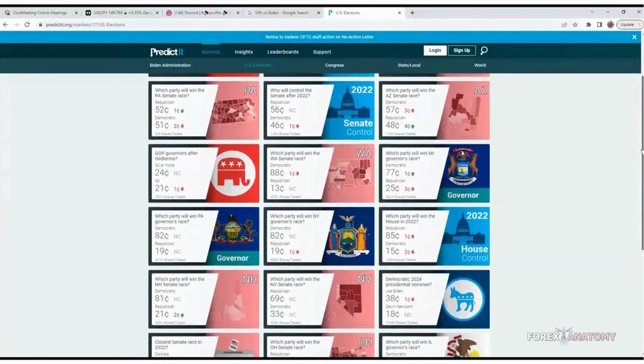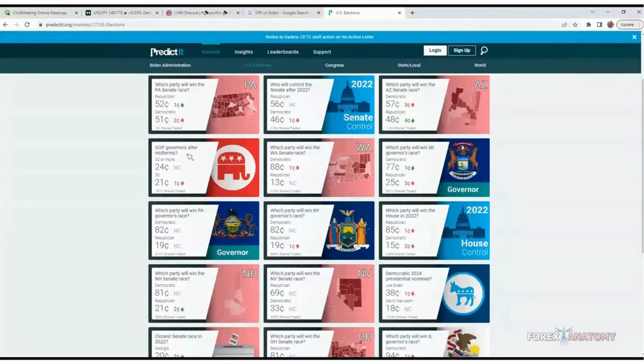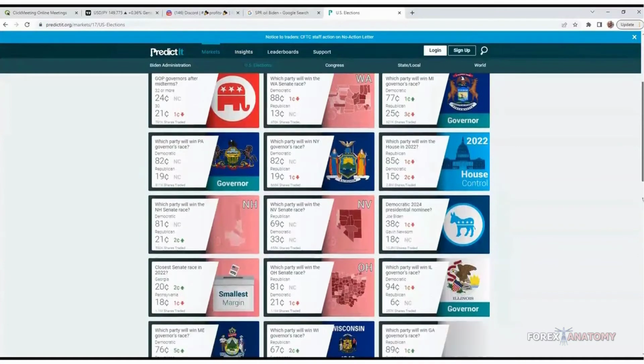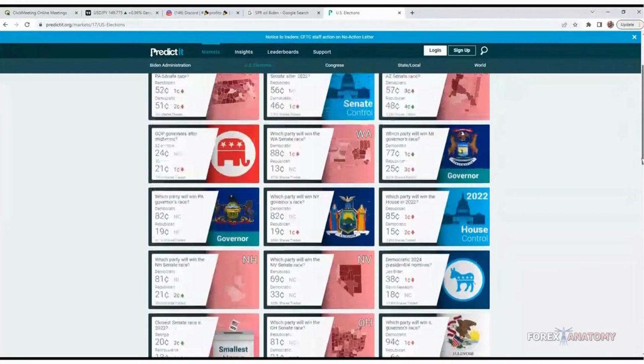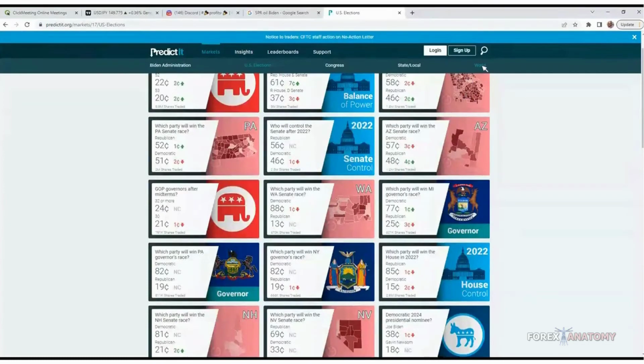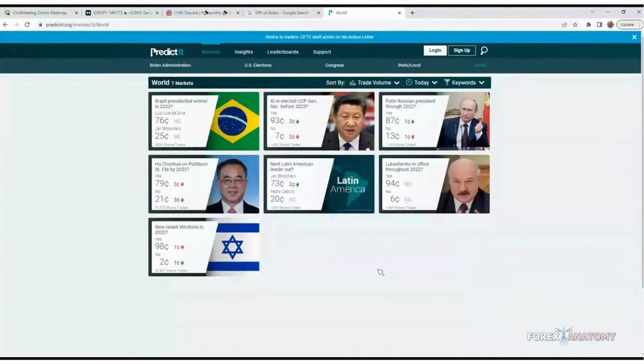You can see here, when it comes to GOP governors after midterms, 32 or more. That's a little bit higher. But you can go to each one of these and actually place a bid and make some money on it. They also have world events right here, where they have Brazil presidential winner in 2022.